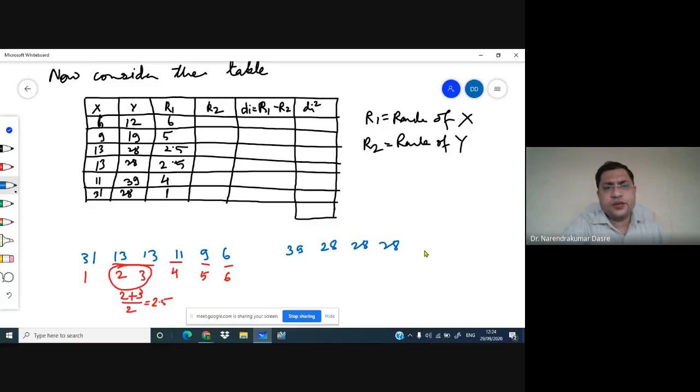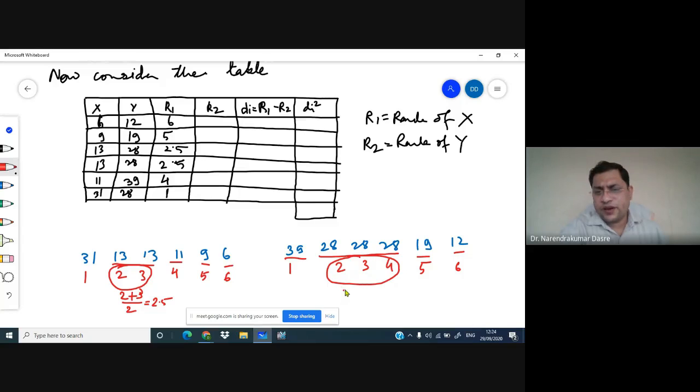It is going to be 1 for this, then 2, 3, 4, then for this 5 and this 6. And now here what we have to do is average. So 2 plus 3 plus 4. How many observations? 3. So it is going to be 3. And hence we got the ranks.